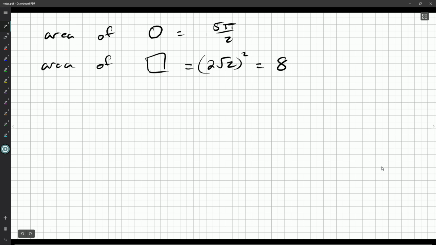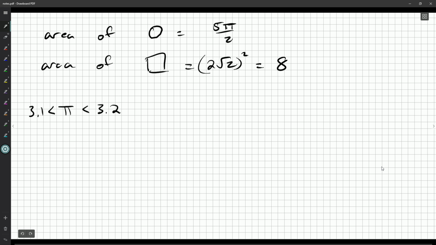Okay, which of these is bigger? And remember, we can't use a calculator, so you can't just say, okay, 5 pi and blah, blah, blah. But we can say something like, well, I know for a fact pi is more than 3.1 and pi is less than 3.2, right?